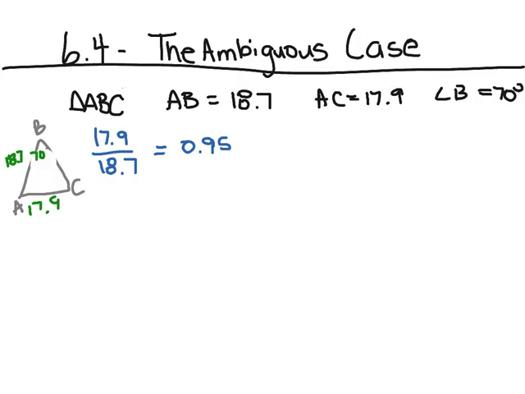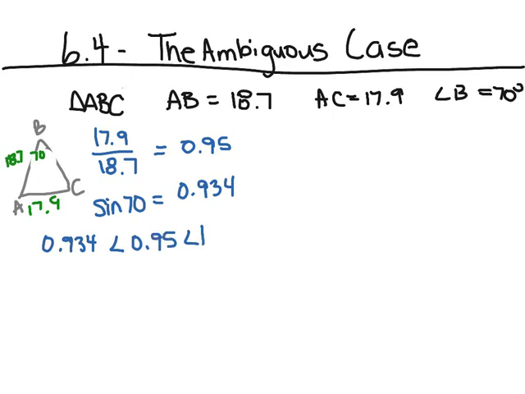So we need to check the sine of B. So sine of 70 degrees, which is 0.934. So we know that sine of 70, 0.934, is less than our BC over our AB, which is 0.95, which is less than 1. So therefore, we have two triangles.